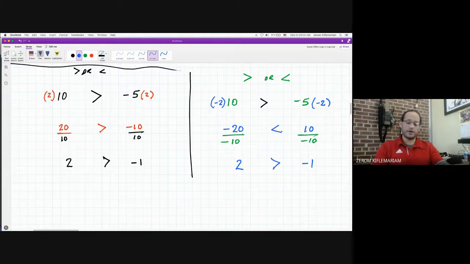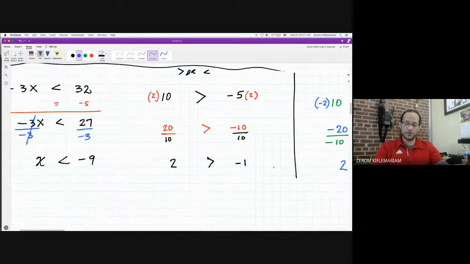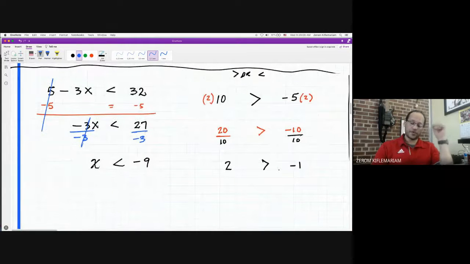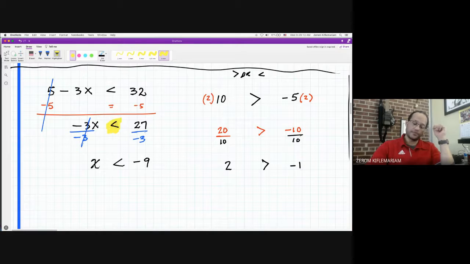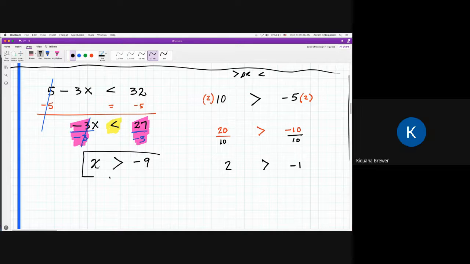So with that in mind, over here, what do we do? I have to be very careful when I am seeing negative 3. I'm dividing by negative 3. If I'm dividing by negative 3, what happens? My sign over here shouldn't be the same. The sign should be opposite. So we had to change the sign.